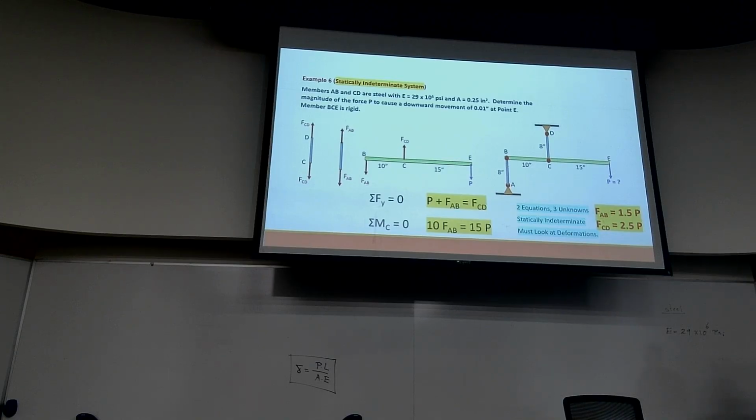So they will both be in tension, and so their free body diagram looks like that. This is the force in CD, which is this number, and the force in AB, which is this number.